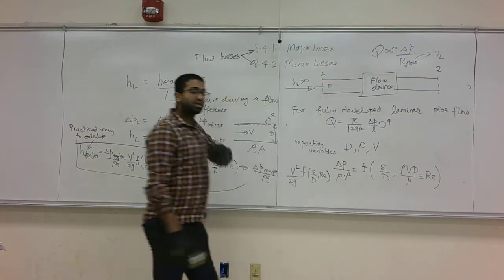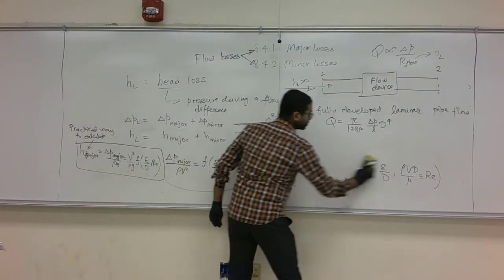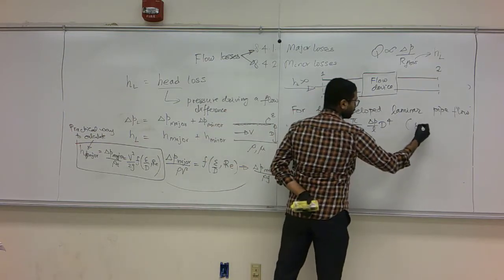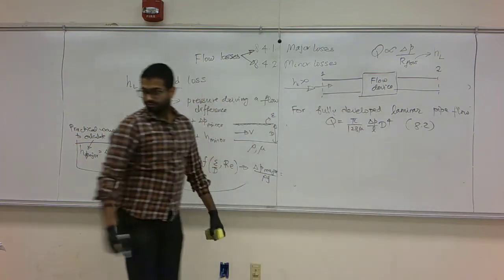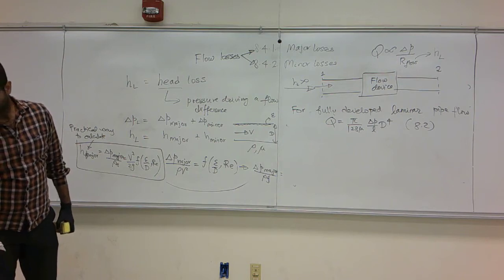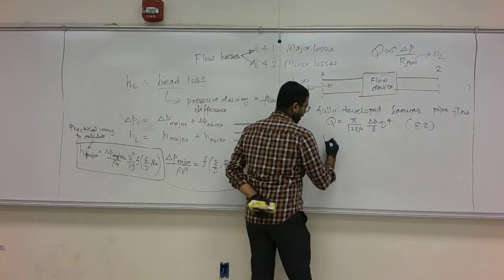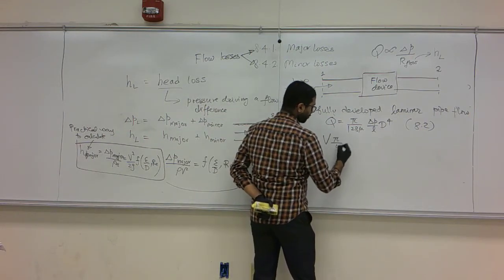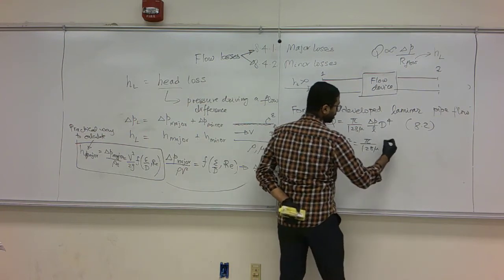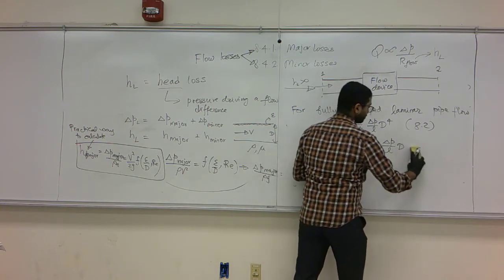We did this derivation in section 8.2, and I'm going to write this: average velocity times pi by 4 d squared equals pi over 128 mu delta P over L d to the 4th.